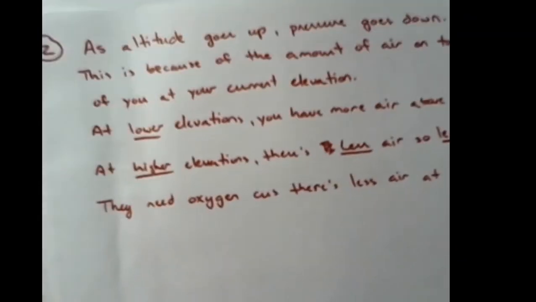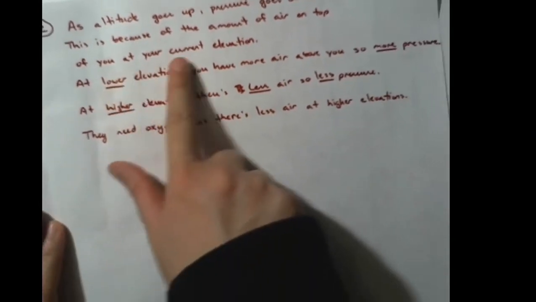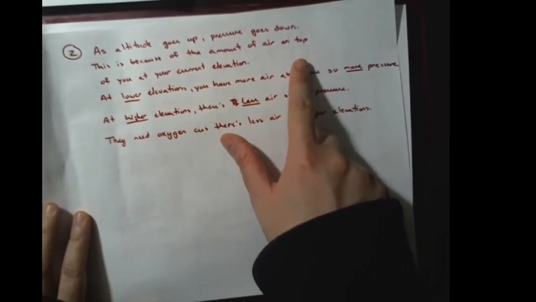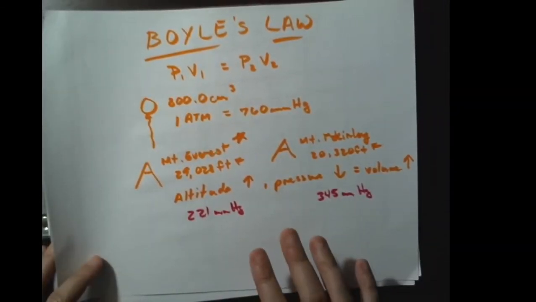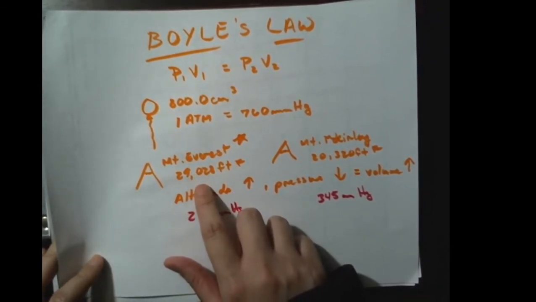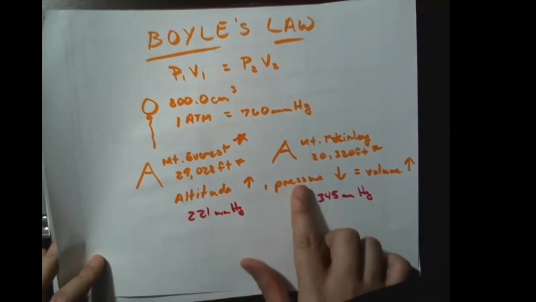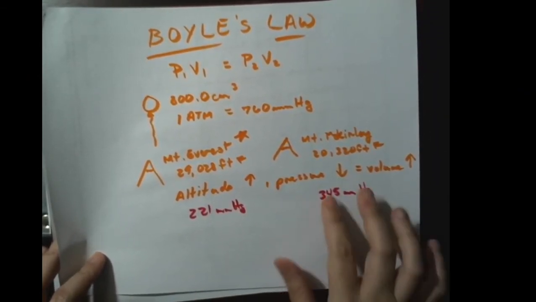Now, as altitude goes up, pressure goes down. This is because of the amount of air on top of your current elevation. So, from Boyle's law, from the previous question, we know that Mount Everest is high. So as altitude increases, the pressure decreases and the volume goes up.